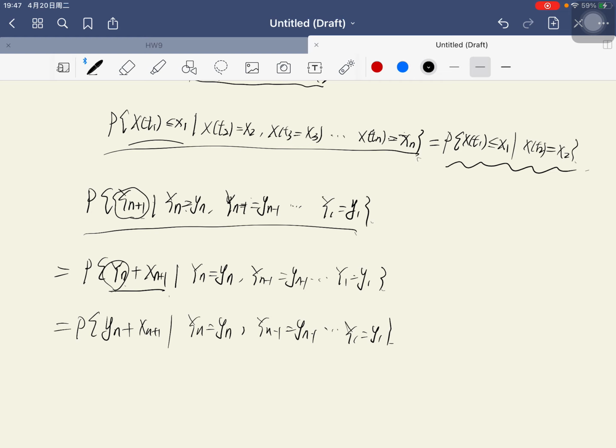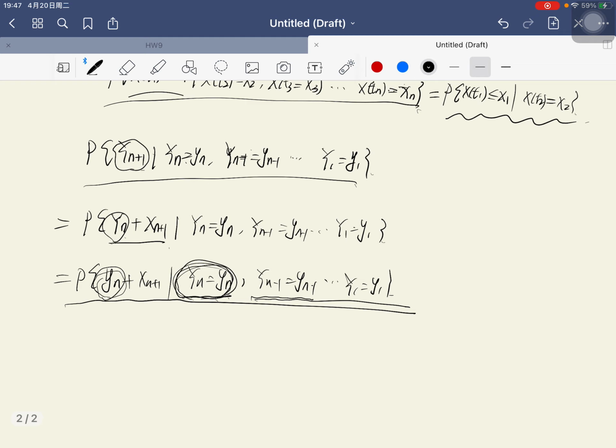For this probability, we could see that Yn already includes Y(n-1), so Y(n+1) is not conditioned on the earlier past.